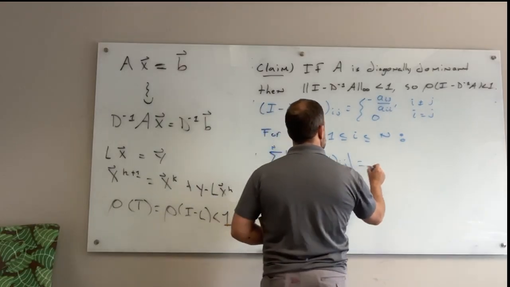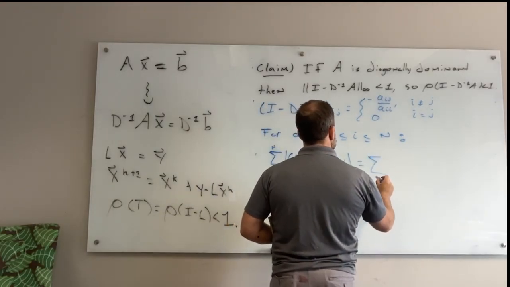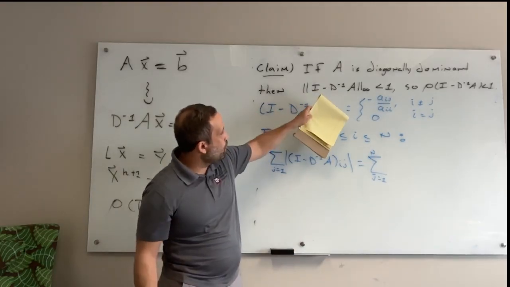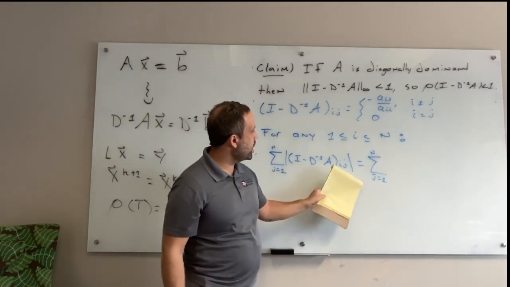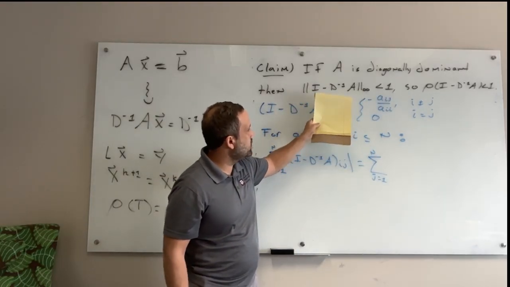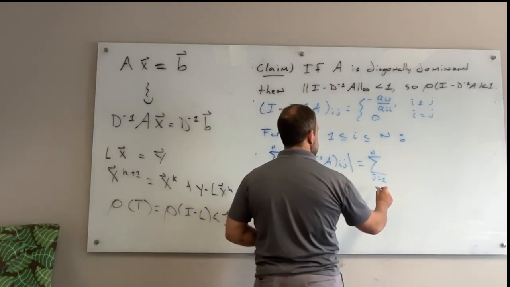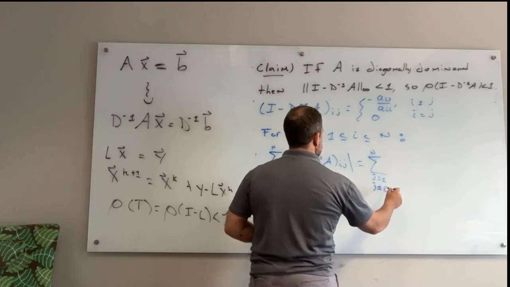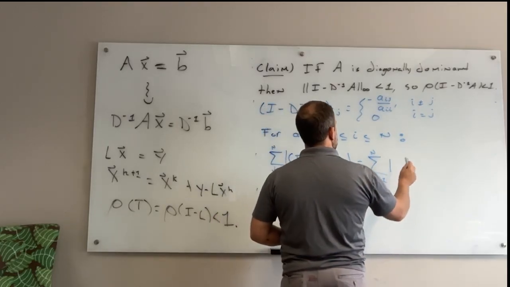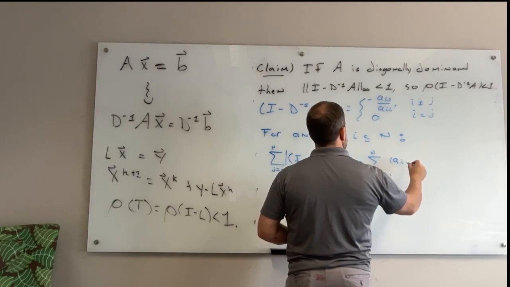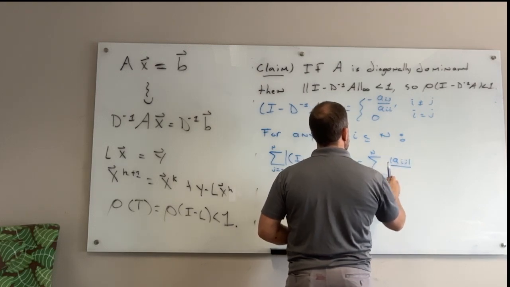So this is going to be the sum j equals 1 to n. I'm summing up over all of these things, but notice when i is equal to j, I don't have a sum. So I'm just going to write j does not equal i, and we're going to have the absolute value of Aij divided by Aii.